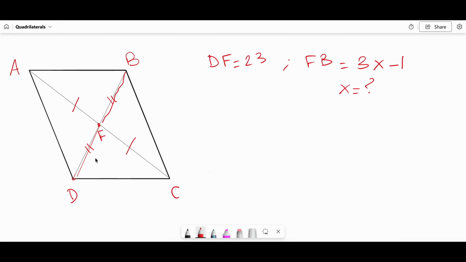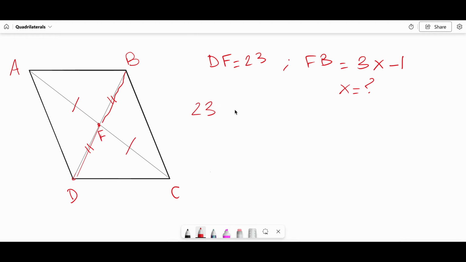AC, when it cuts DB, creates two segments, DF and FB, that are equal in size. And BD, when it cuts diagonal AC, creates two segments, AF and FC, that are equal in size. So in order to find X, we know from the properties of parallelograms that DF and FB are equal.